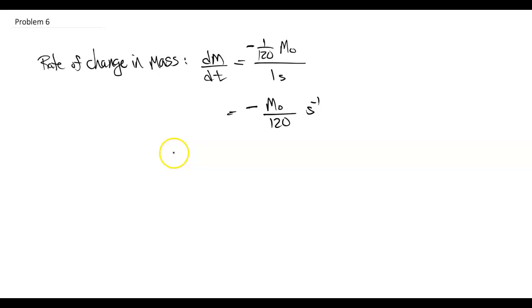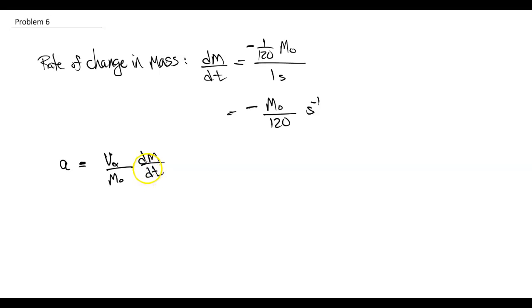And now we can think of the acceleration as velocity per unit mass times this rate of change in mass.